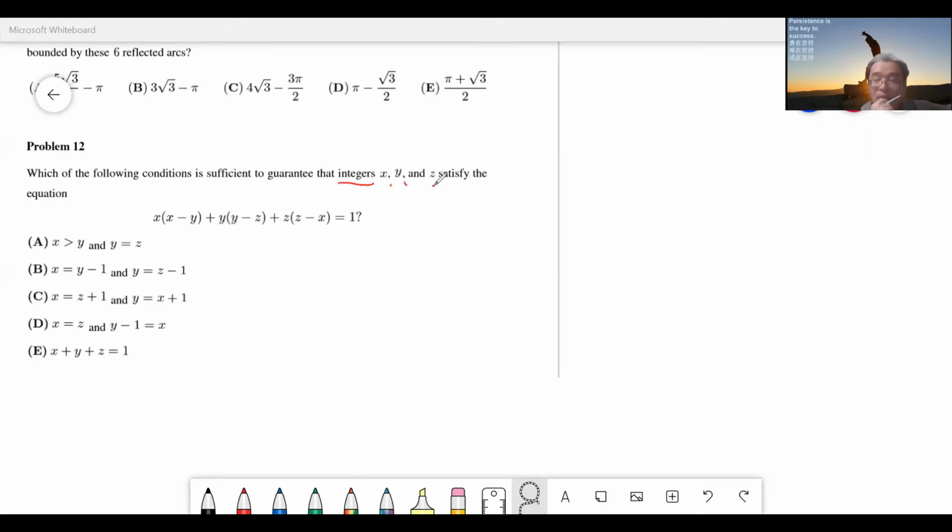That's very important, not just real numbers. Now let's do some algebra. We distribute and get x squared minus xy plus y squared minus yz plus z squared minus zx equals 1.